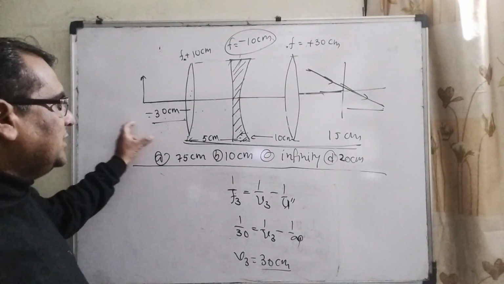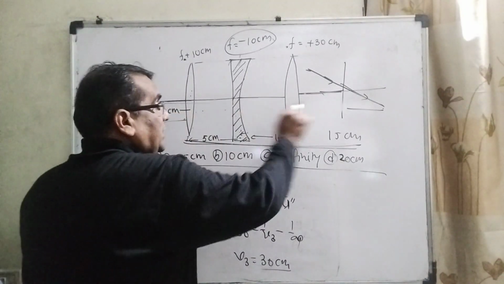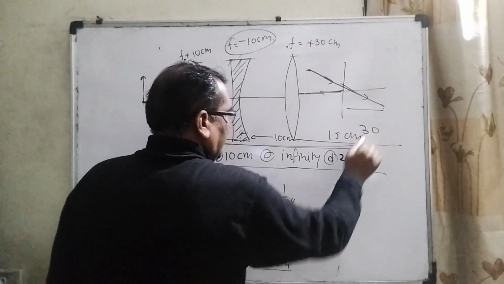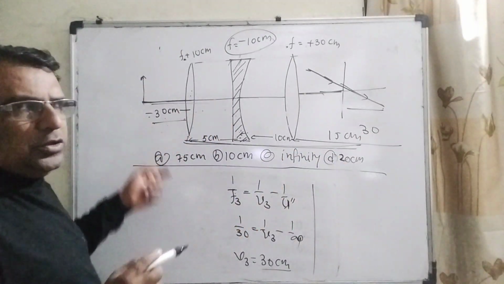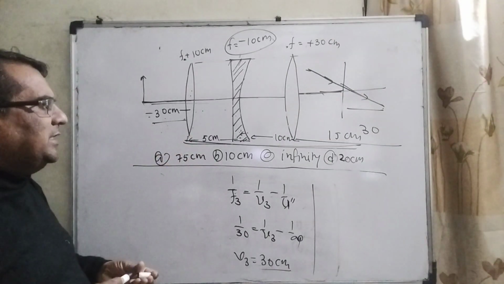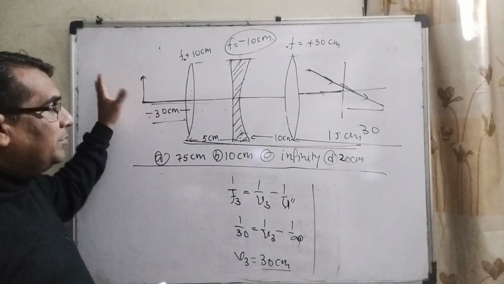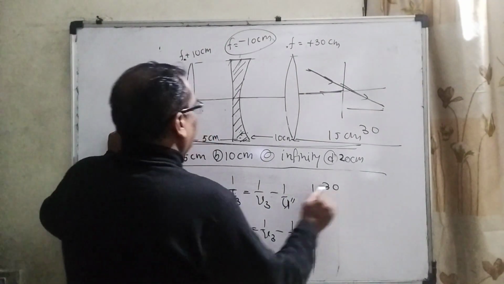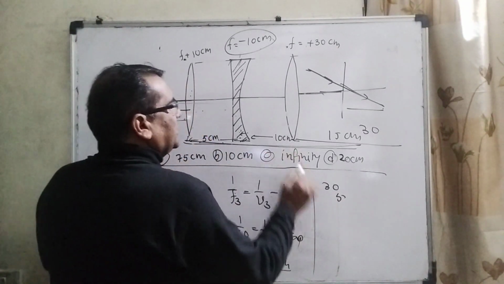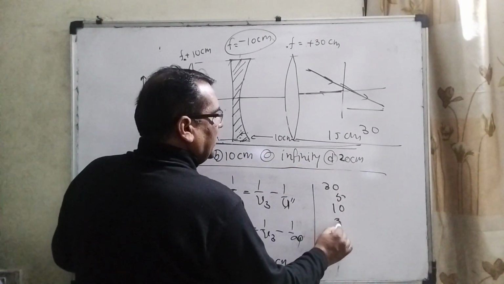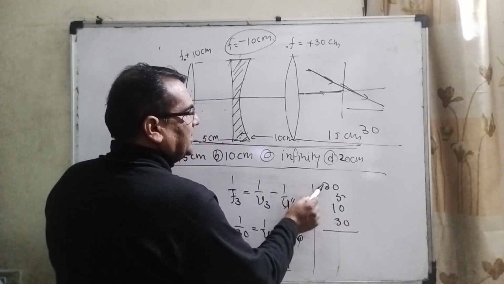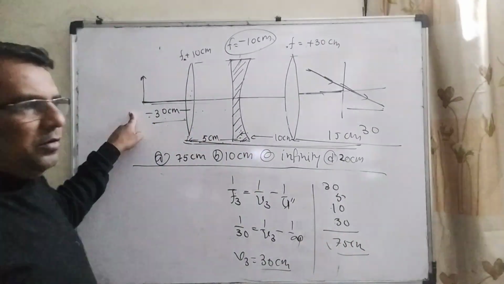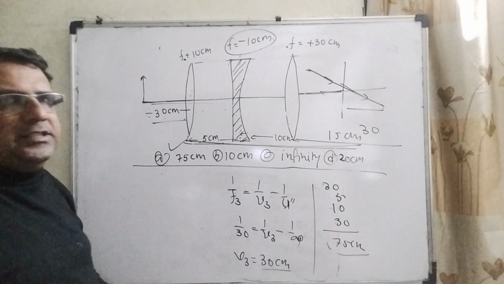Most students get confused here. But the question actually asks for the total distance covered: 30 centimeter plus 5 centimeter plus 10 centimeter and then again 30 centimeter. That is 30, 30 is 60, 70, and 75 centimeter total distance from the object to the final image. So option A is correct.